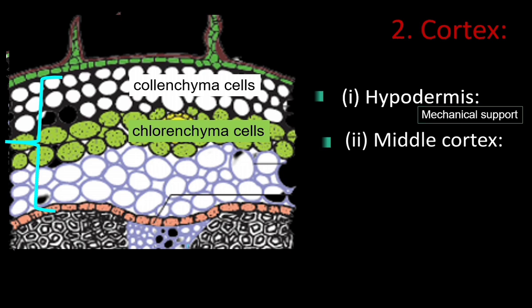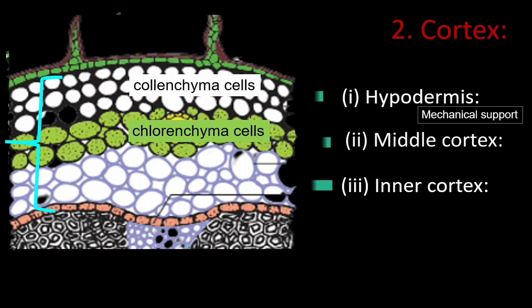The third part of cortex is inner cortex. Inner cortex has parenchyma cells. These cells are arranged with a lot of space. The inner cortex stores starch. The cells of the inner cortex are involved in exchange of gases.